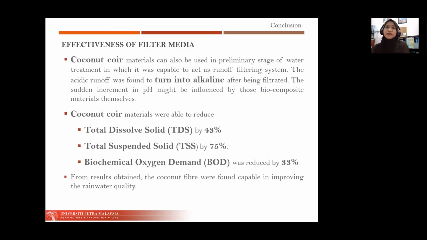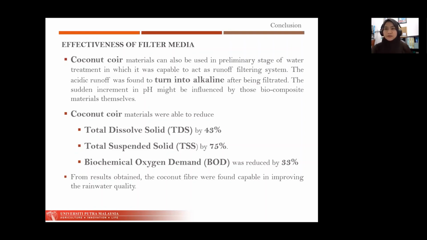In terms of the types of media used, it shows that the rice husk and the coconut coir materials can also be used in the preliminary stage of water treatment, in which the biocomposite materials were capable of acting as a runoff filtering system. The acidic runoff was found to turn alkaline after being filtered by these two types of materials.